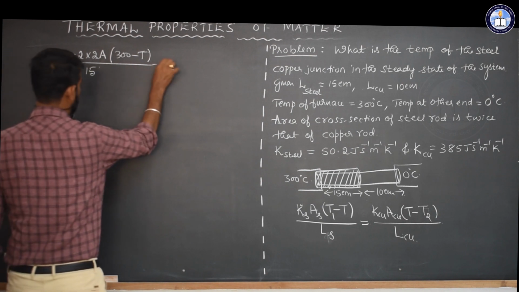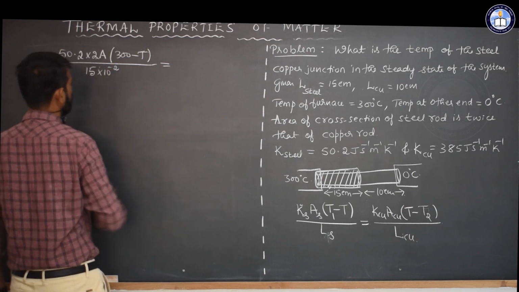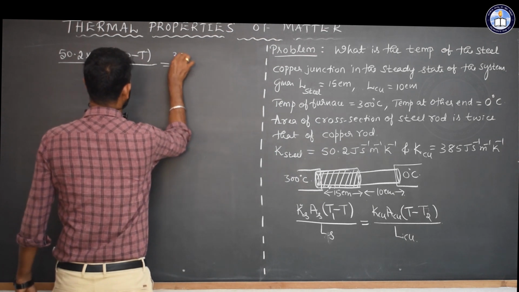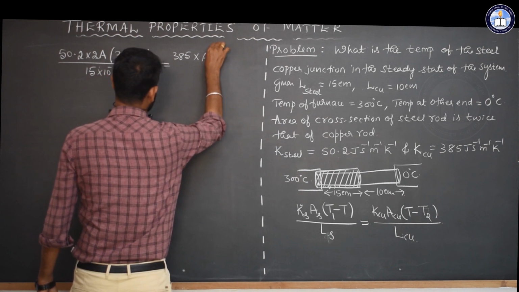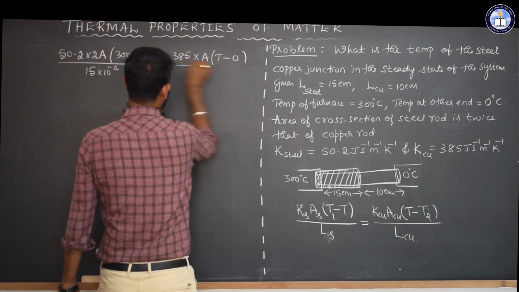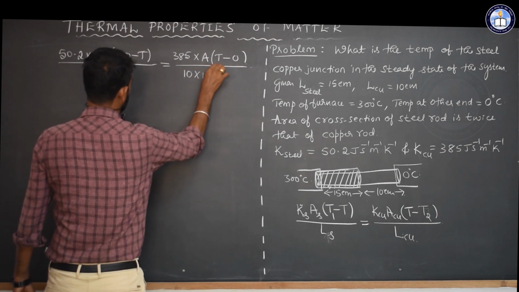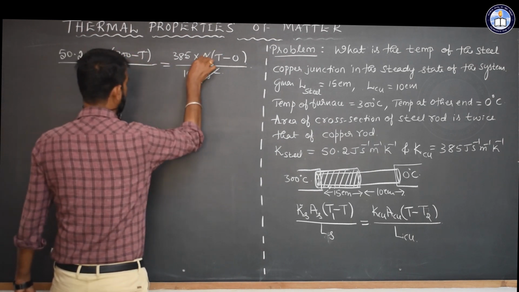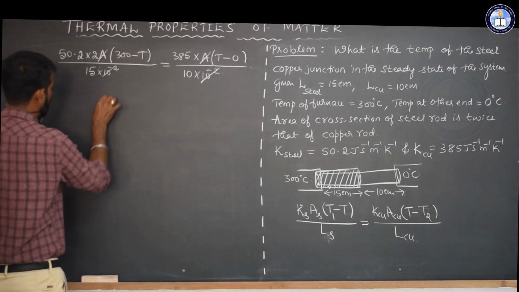Keep that in centimeter itself, because the 10 power minus 2 cancels out. Here this is copper. K copper is given as 385 into area of copper into T minus 0, whole divided by the length of copper, 10 centimeter. The area cancels out. Then if you simplify this, you can calculate the value of T.